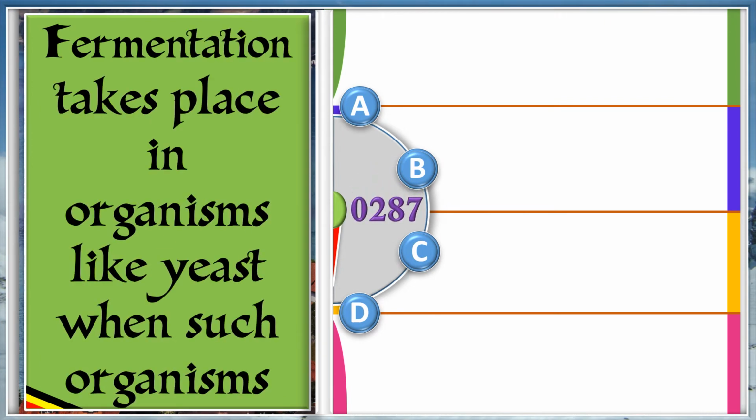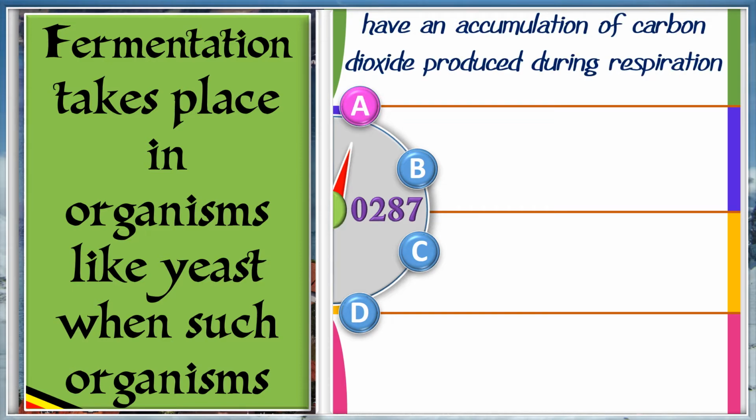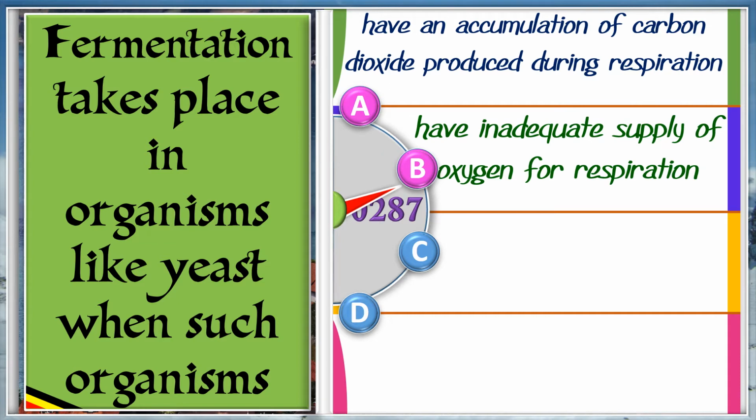Fermentation takes place in organisms like yeast when such organisms A. have an accumulation of carbon dioxide produced during respiration. B. have inadequate supply of oxygen for respiration.